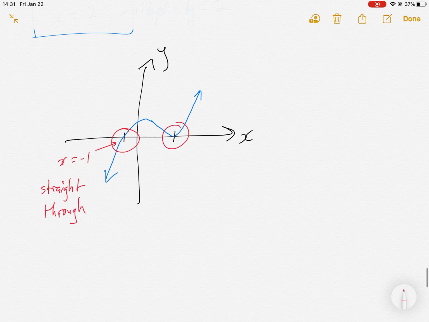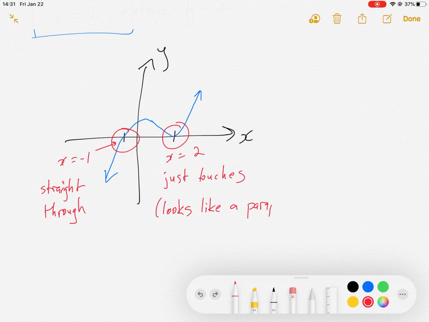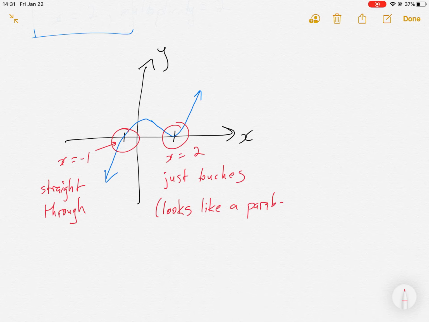Whereas over here at x equals 2, it sort of touches and then bounces off. So it just touches it. And it kind of looks like a parabola. It isn't exactly a parabola, but it kind of looks like one.